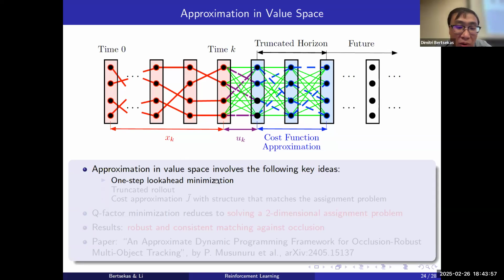One is one-step lookahead minimization. So what are the UKs here? The feasible UKs are all the combinations that match one object in the k-th frame to a different object in k+1's frame. So the purple lines here together collectively are one feasible control, right?